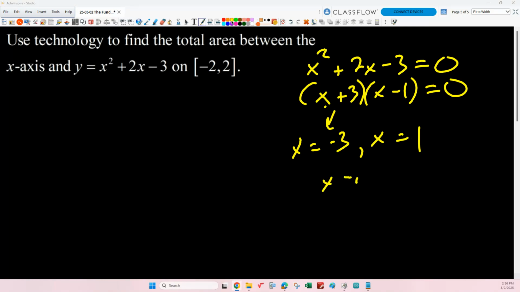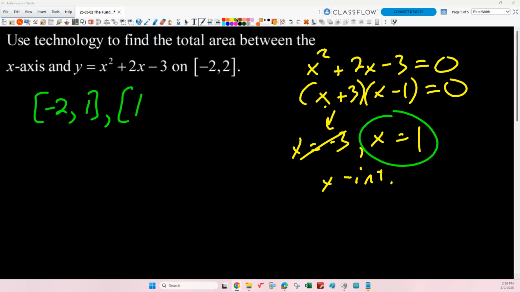Those are my x-intercepts. We don't care about the negative 3 one, though, because that's outside of our domain. We only want to calculate total area from negative 2 to 2. So this one is irrelevant, but this one is important. We're going to have to break this up into 2 intervals: the interval from negative 2 to 1 and the interval from 1 to 2, and add up the areas on those 2 intervals.